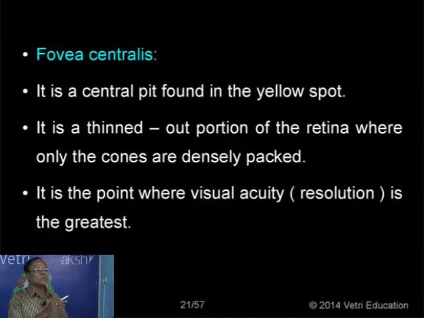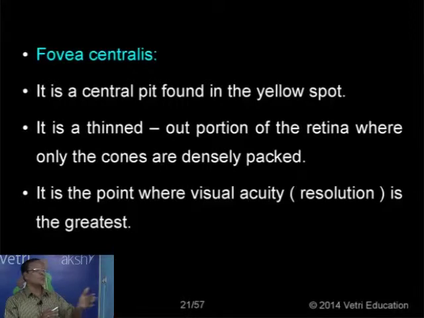It is a thinned out portion of the retina, just a slight cavity, a pit, where you have a large number of closely packed cones, so it contains densely packed cones. That is why this region has more acuity.